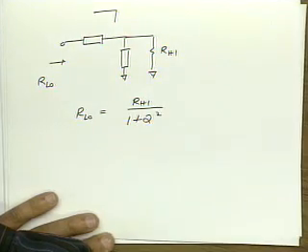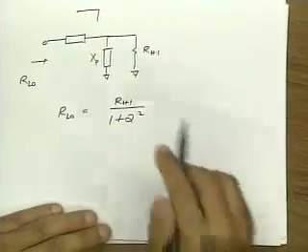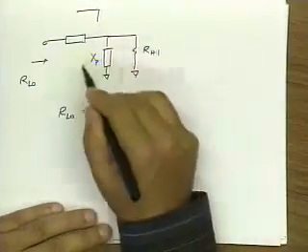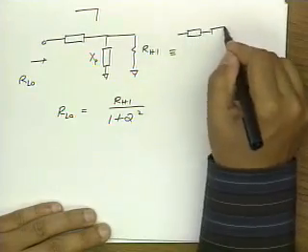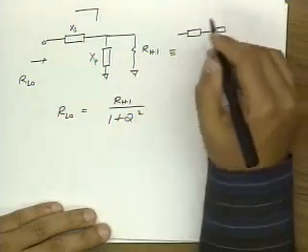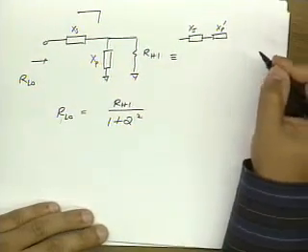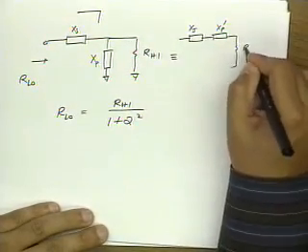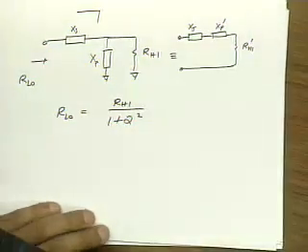Okay? Let's just review how we get that. Let's call this XP. Now let's do a parallel to series transformation. So this, we're going to transform, let's call this XS, this is XS, this is XP prime, and this is R high prime. Okay?